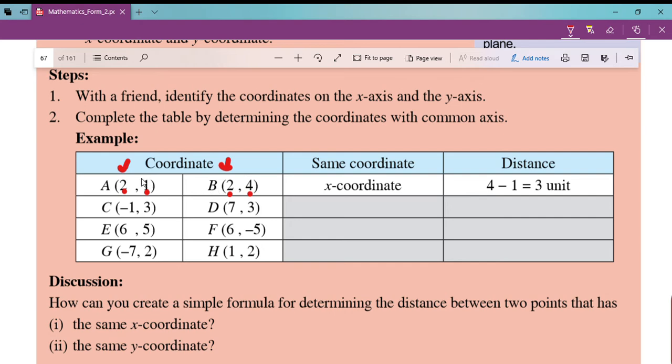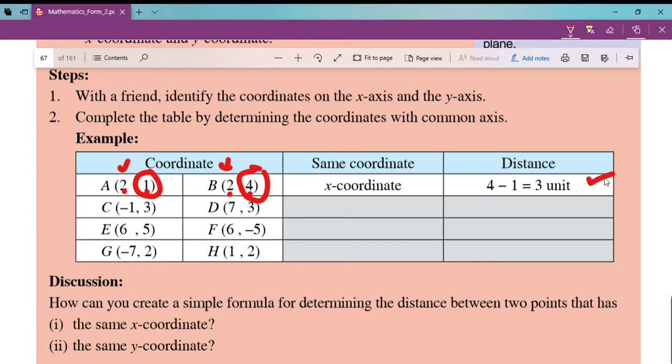That means the object from A to B is actually moving vertically, because x is the same, similar to example A I showed you before. So if x is the same, then we compare y, which means 4 and 1. Use the large value minus the small value. So 4 minus 1, you got 3 units.